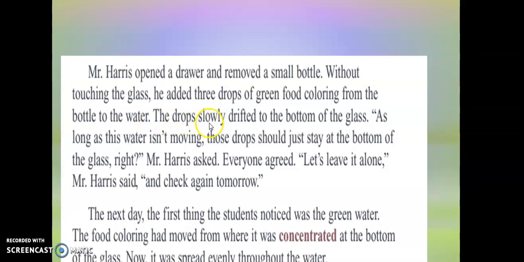The drops slowly drifted to the bottom of the glass. As long as this water is not moving, those drops should just stay at the bottom of the glass, right? Mr. Harris asked. Everyone agreed.